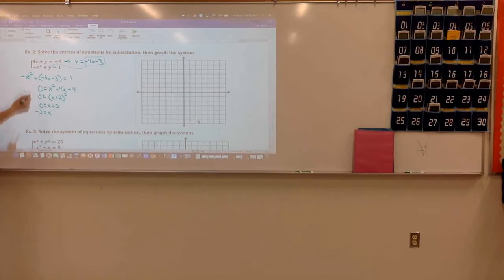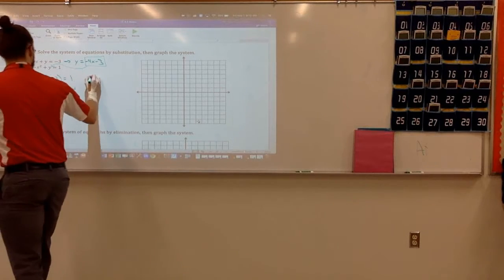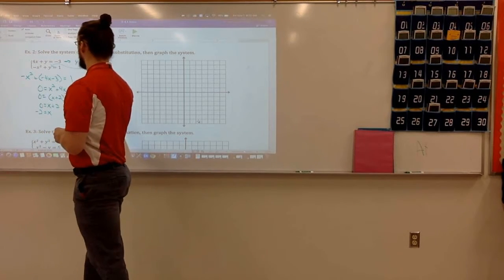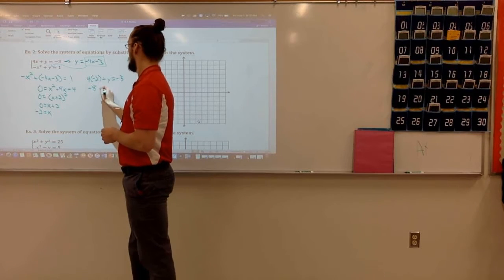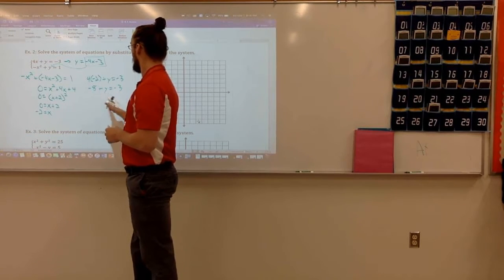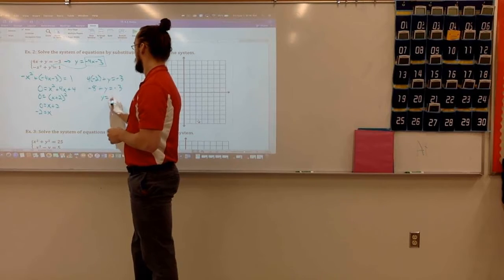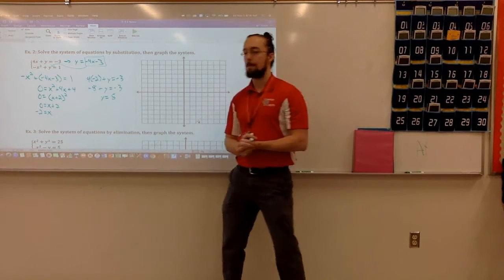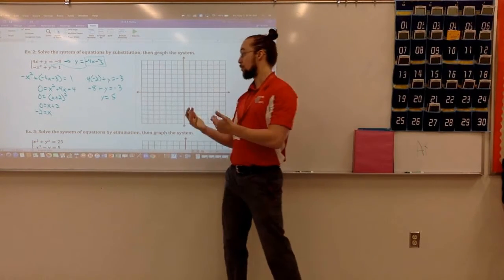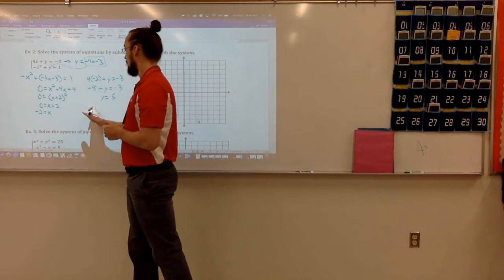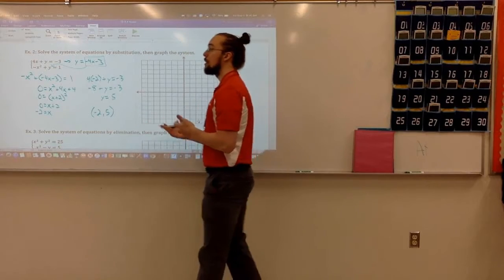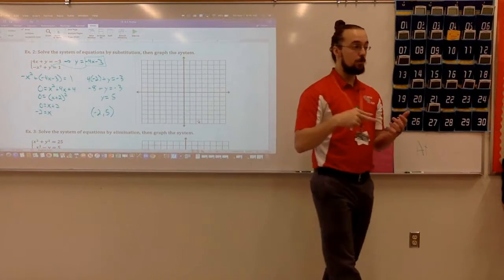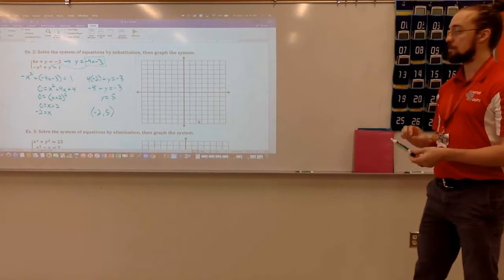So I'll plug it into the first one. So 4 times negative 2 plus y equals negative 3. Add the 8 over. We'll get y equals 5. So our answer is the point negative 2, 5. What that means is that's the point where these two graphs will intersect.